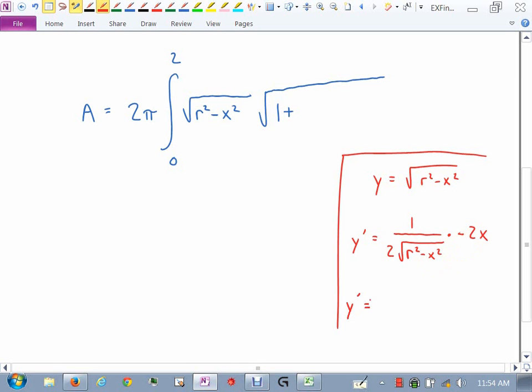Hey, maybe this won't be so bad. If I square that, my 2's canceled up here, didn't they? Okay, square that. So square, what was on top? On the derivative, what was still on top? Negative x. Square that, you get x squared. And then you square the bottom, what do you get? r squared minus x squared, right?